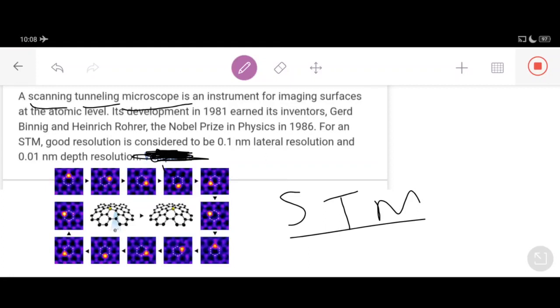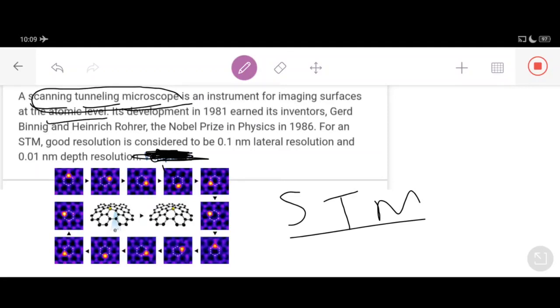Modern technology has made it possible to take photographs of atoms, but that was done with the help of a sophisticated instrument called the scanning tunneling microscope. It's an instrument for imaging surfaces at the atomic level. That's why I told you that we can see the atoms.